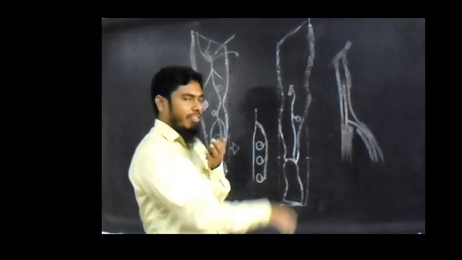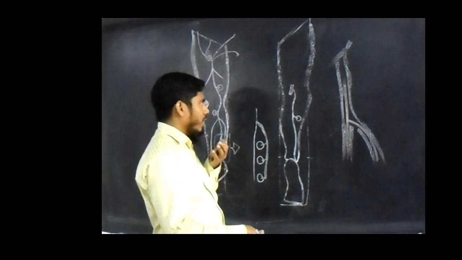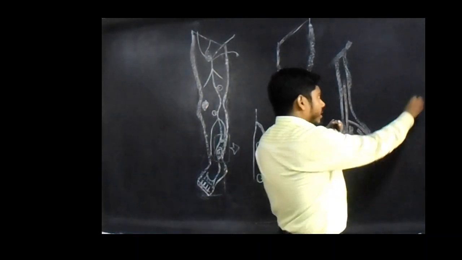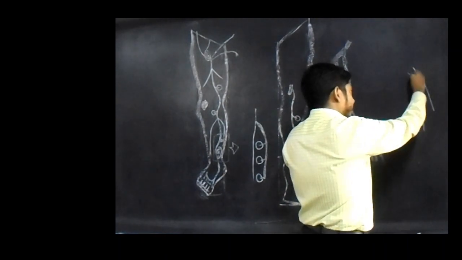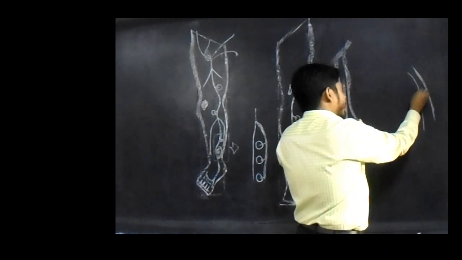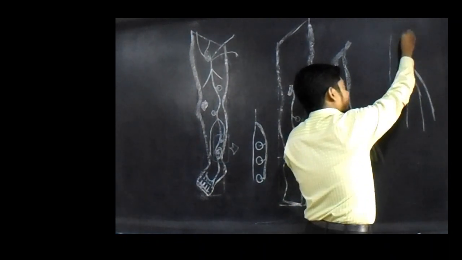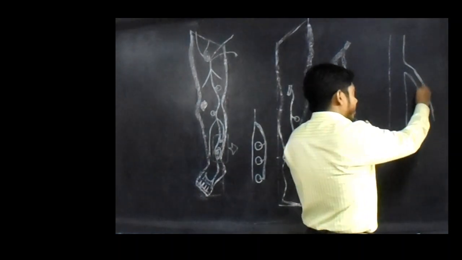and the venae comitantes. And now I want to show you the direction of the valves. Suppose this one is the superficial vein here, and it is draining into the deep vein. This one is the deep vein, it is the larger one. Valves are situated like this.